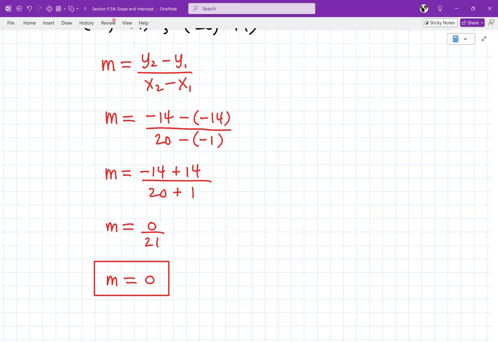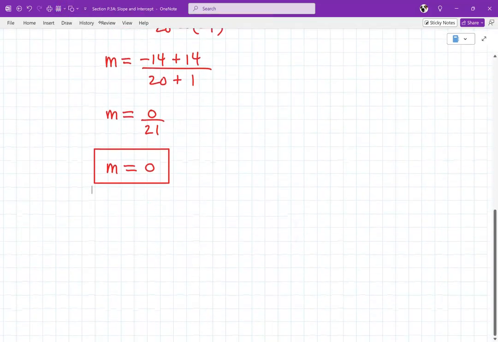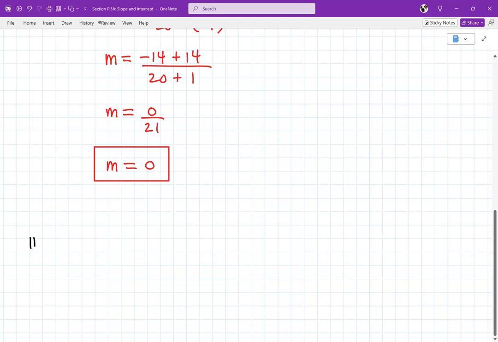Okay, we'll do one more and then we'll move on. Let's do number 8. Number 8 from your homework. Like I said, these are always going to be homework problems for you guys. That way, hopefully it encourages you to write down the notes and stuff. So we're going to find the slope of a line.